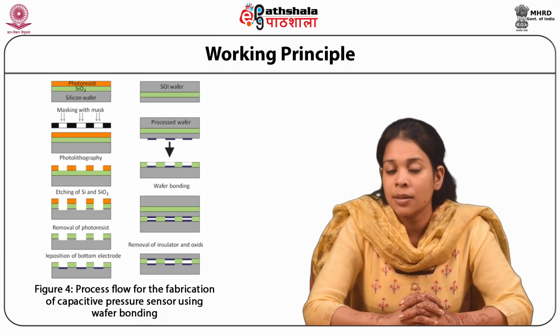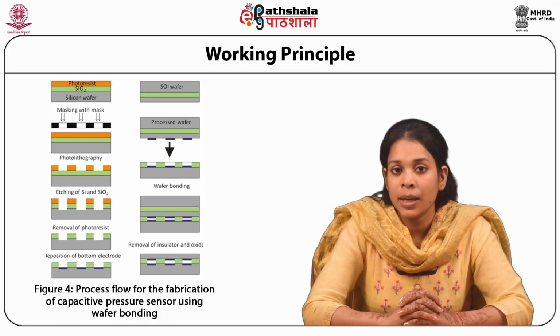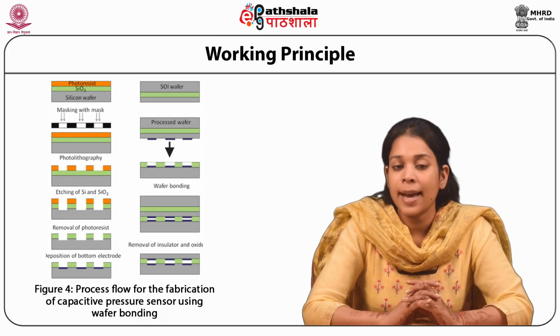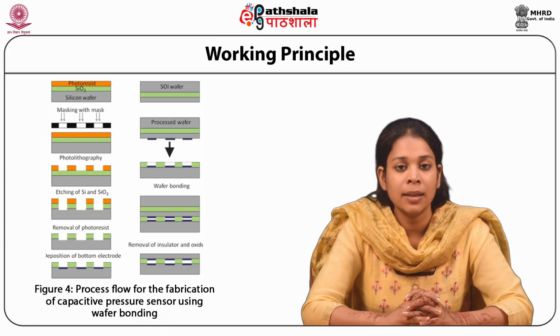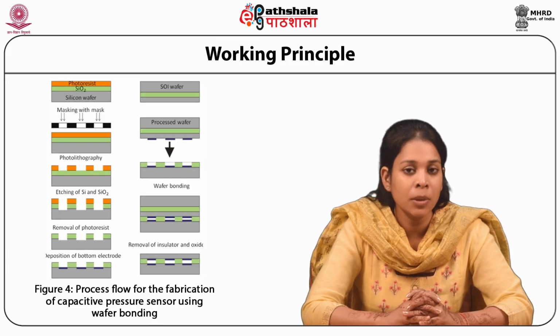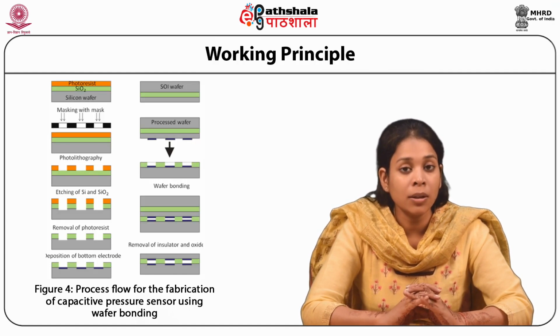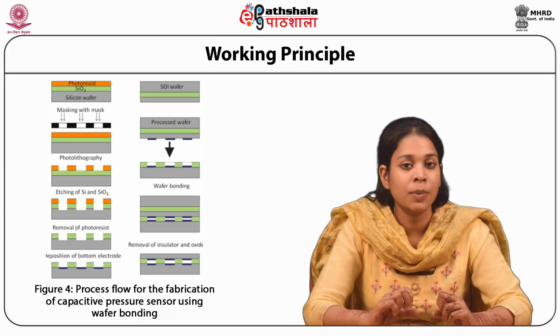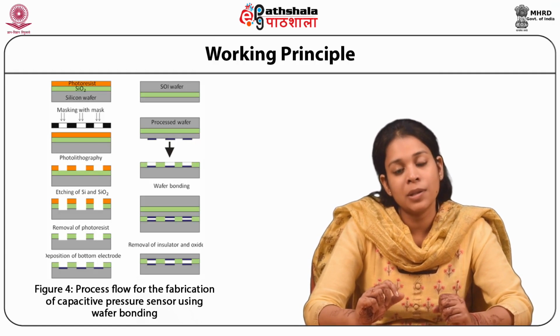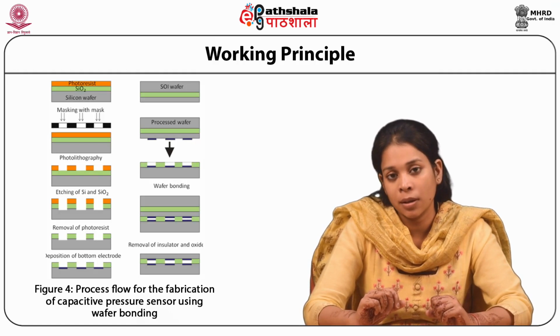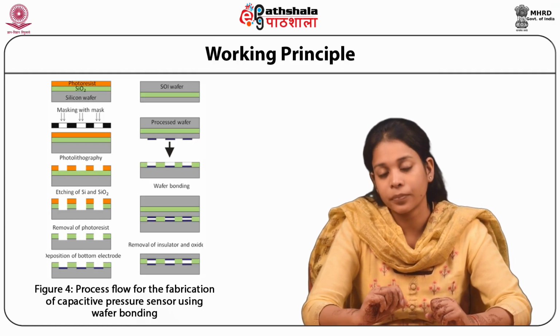After this, the wafer has been etched, that is, the etching of silicon and silicon dioxide has been performed. You can see in the figure that the green portion not covered by the photoresist has been removed, and some part of silicon, the violet color, has also been removed.